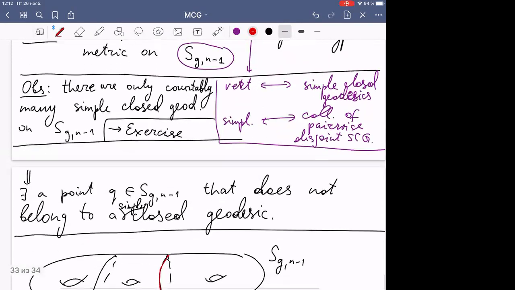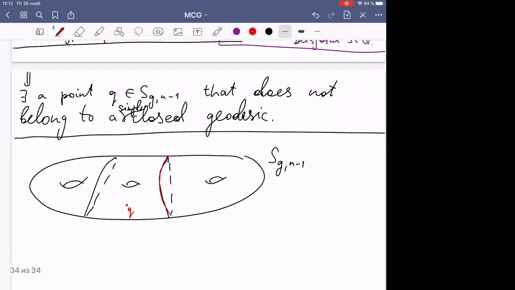We can make this point a puncture, so we can delete this point and form a puncture. And then for any simple closed curve, after removing this point, we get the surface of genus g with n punctures.